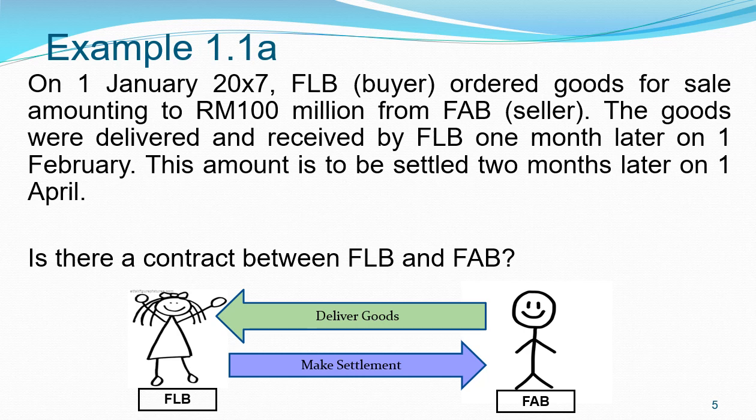On 1st January 2007, FLB, which is the buyer, ordered goods for sale amounting to 100 million from FAB, the seller. The goods were delivered and received by FLB 1 month later on 1st February. This amount is to be settled 2 months later on 1st April. The issue that arises here is, is there a contract between the buyer and seller?